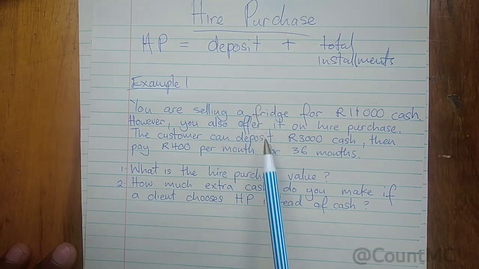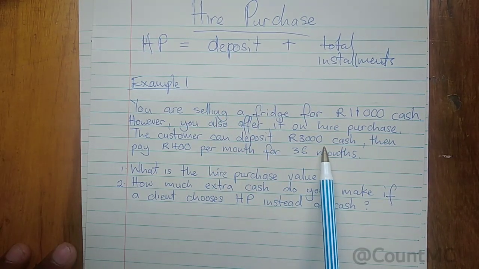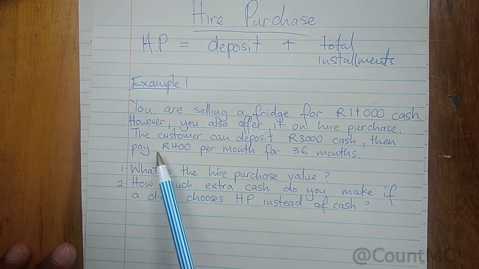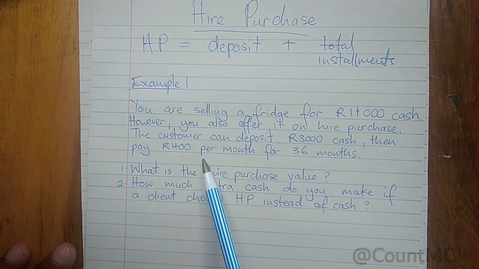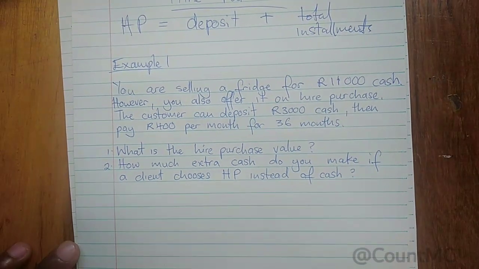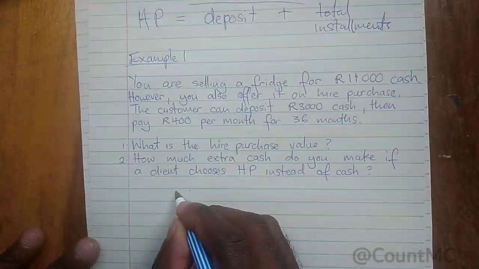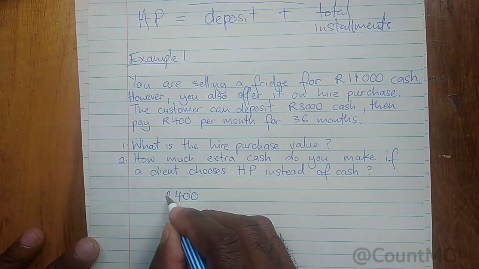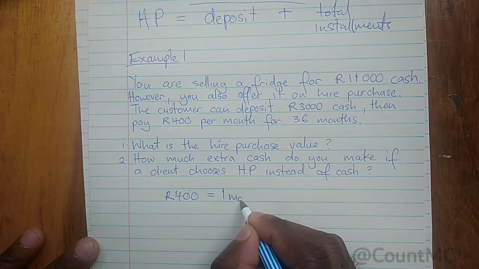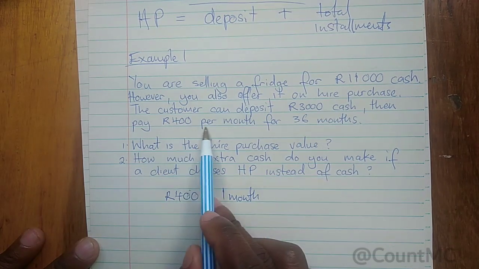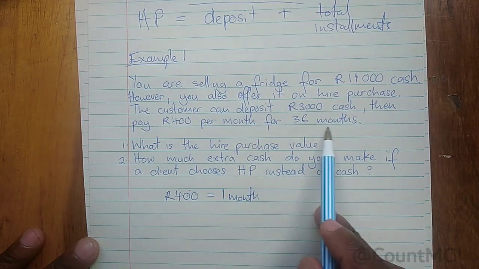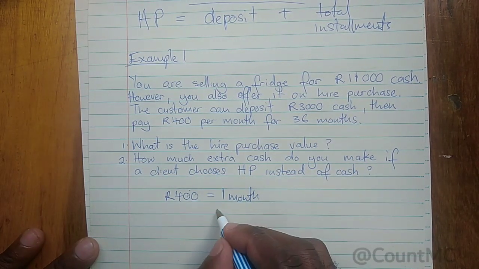Do we have the deposit? Yes, it's 3,000. But what about the installments? It's 400 rands per month for 36 months. So let us calculate the installments. 400 rands is equal to 1 month. But this is happening for 36 months.